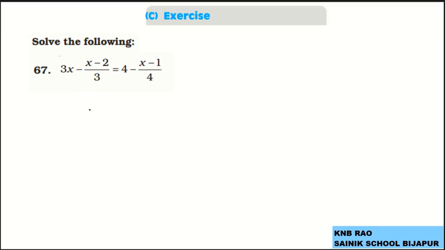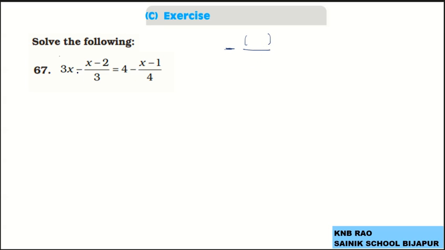See children, in this question the very important thing is, whenever we have got a fraction and a minus sign is kept parallel to that upon symbol, this minus sign will be applicable to the whole numerator.